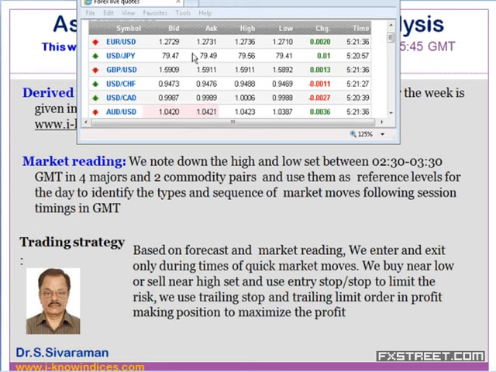But the players have another trick of making very big one-sided moves for 1 or 2 days on the downside or on the upside, and try to see that you do averaging, and that leads to overtrading. And then later on, if they make one more push, you get the margin call. So you have to understand under what circumstances we are trying to trade. It is not that your forecast is perfect, or your market understanding is perfect.